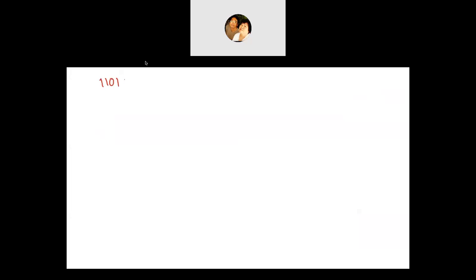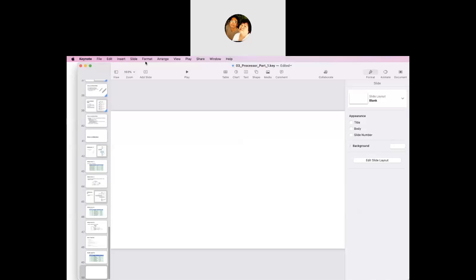1101 times 0101, right? At step 0, we have the multiplicand as 1101, and we do the initialization.